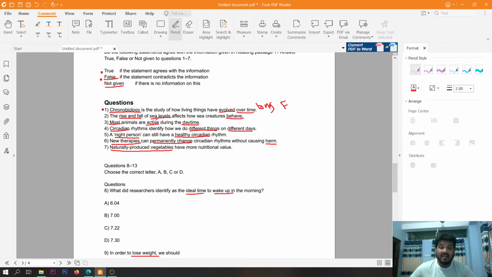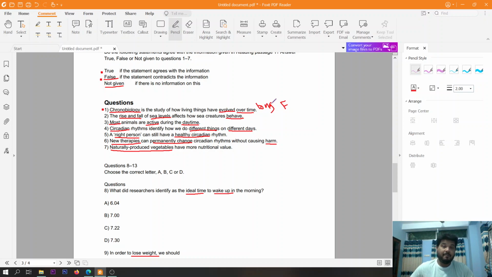So rise and fall, sea levels, and how sea creatures behave. I have chosen rise and fall, sea levels, and behave. So, what is the rise and fall of sea levels? It can be tides. It can be related to the moon.